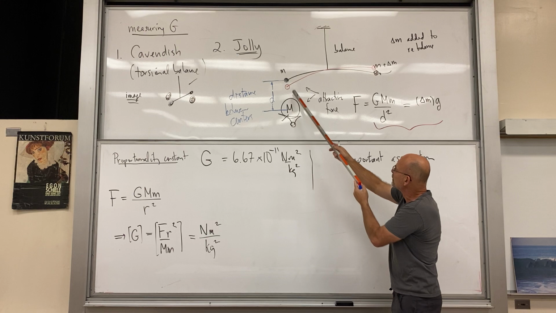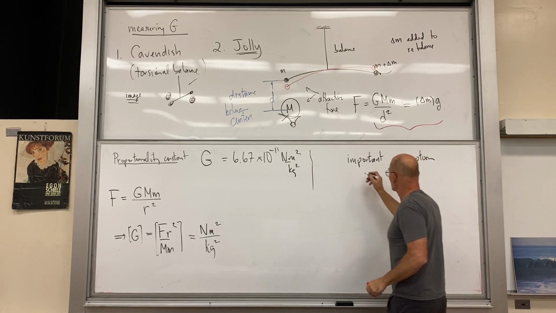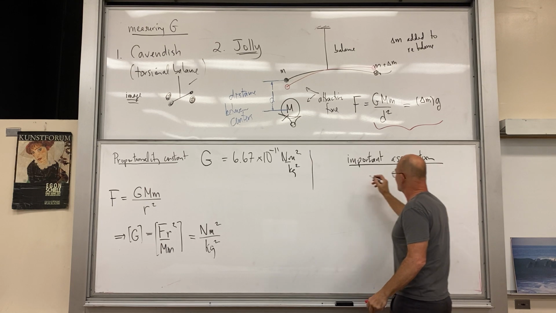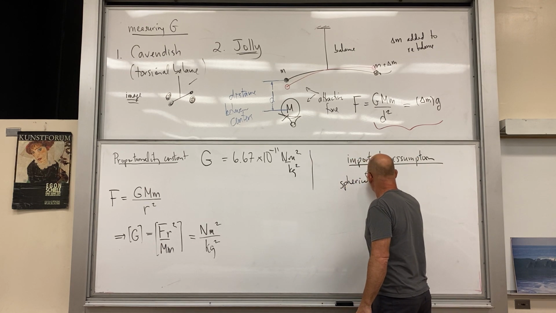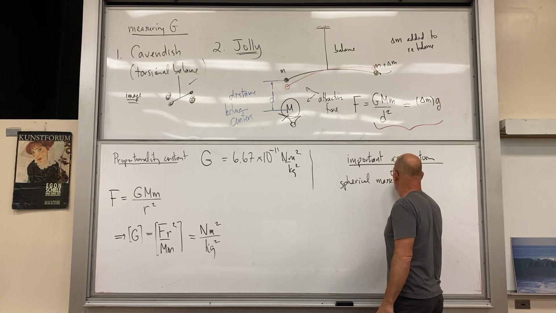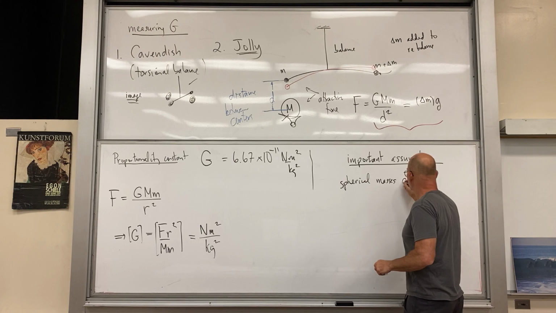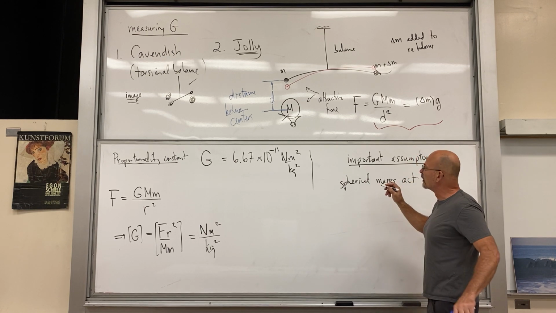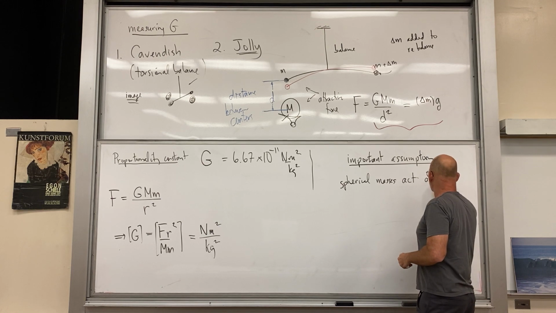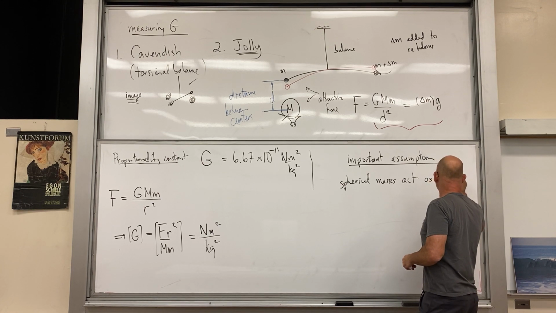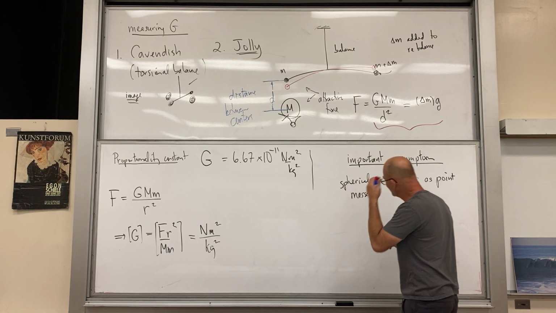Center of a spherical mass to the center of another spherical mass. Okay. So the assumption is that the spherical masses act like point masses gravitationally, because I'm just taking those points at the center. Okay. So they act as point masses. That's why we're center to center.